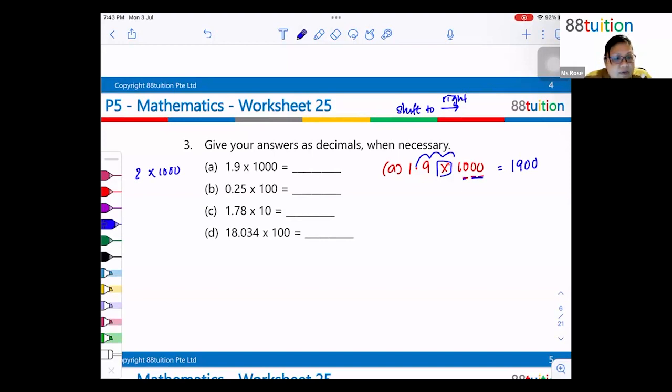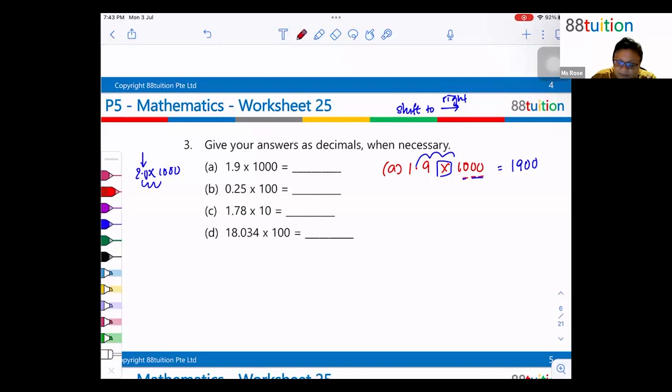Now, do you know that what you actually are doing is to move the decimal point 3 places as well? The decimal place is here, 2.0, because 2.0 is the same as 2. So if I move 3 places, I will get 2,000.